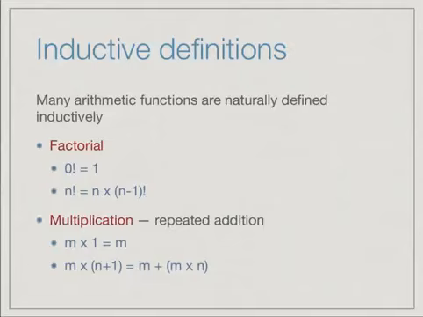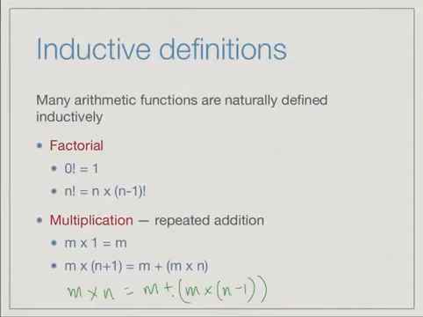We could equivalently write this, if you want to be symmetric with the previous case, as m times n is m plus m times n minus 1. The same thing. So you can express m times n in terms of m times n minus 1 and then adding m.